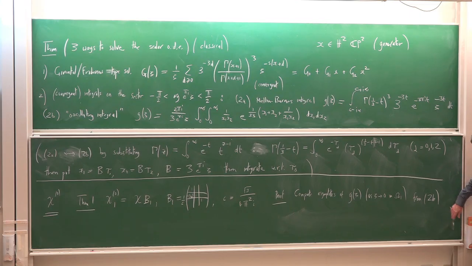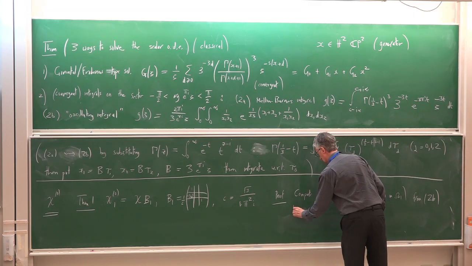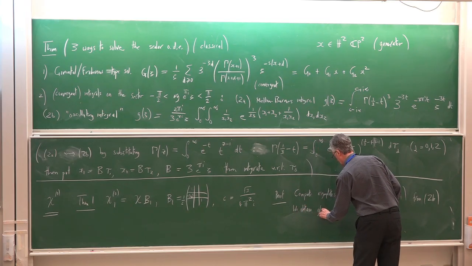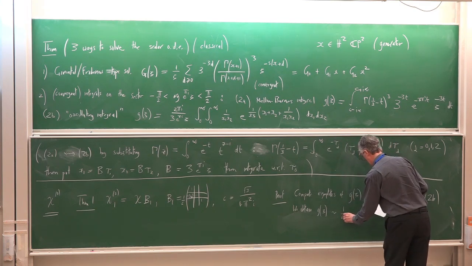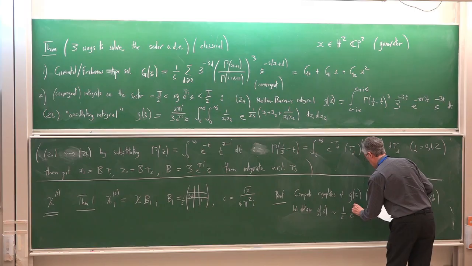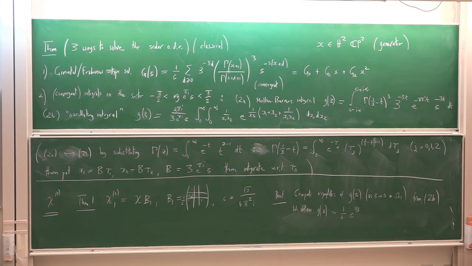Well, I suppose you can probably do it from 2a. But anyway, from 2b we can use the Laplace method to get the asymptotics. And we find that, in fact, it looks like this. So it's asymptotic to the same constant, 1 over c, e to the 1 over zeta. Well, it's sort of what you would expect as zeta goes to 0.